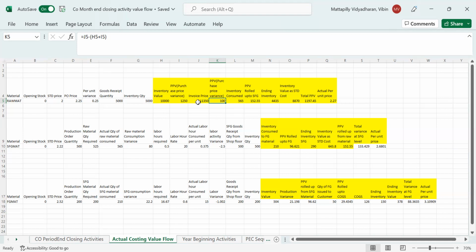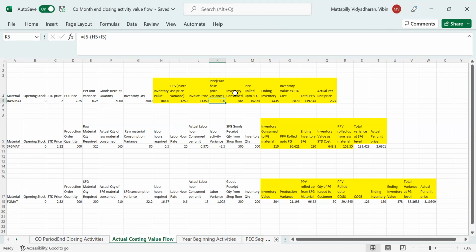That means 11,250 is the total goods receipt cost, plus 100. That is the invoice price. So the invoice price variance is 100 rupees: 11,350 minus 10,000 minus 1,250.